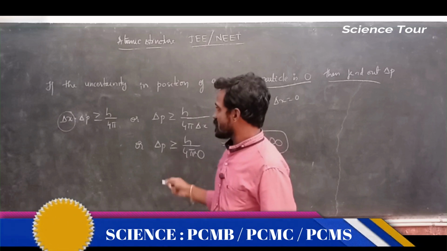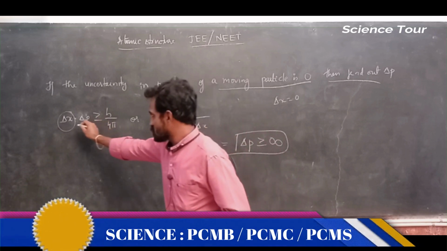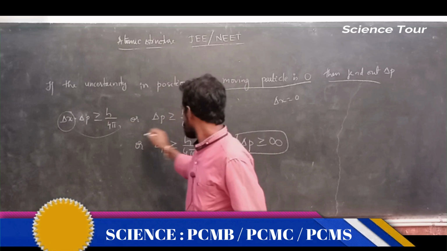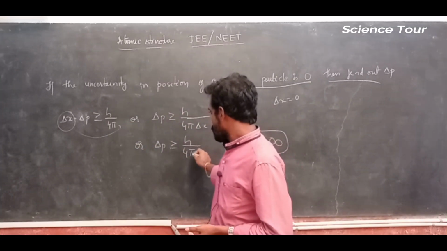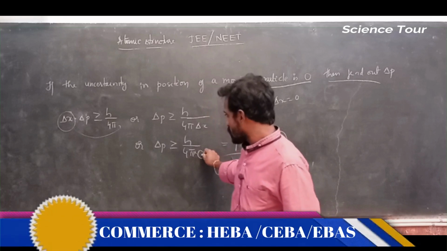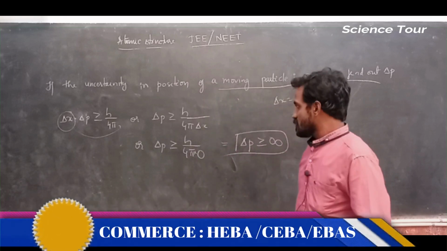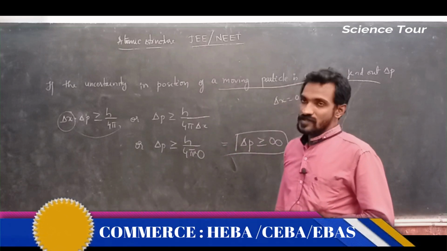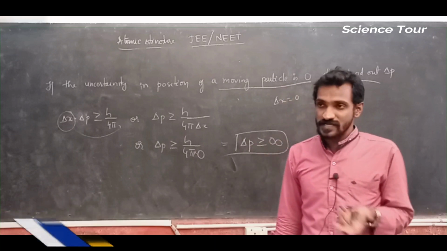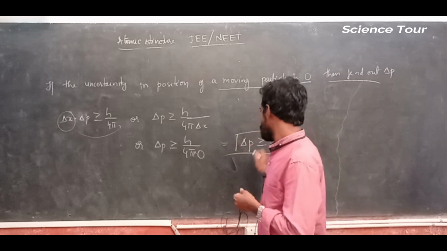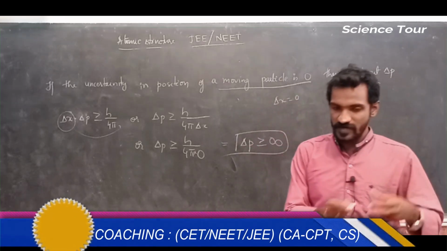What is remaining? Delta p. To find delta p, I shifted delta x to this side. Here h divided by 4 pi, and here delta x I substituted as 0. H divided by 0, something divided by 0 means infinity. Delta p is greater than or equal to infinity. Answer is greater than or equal to infinity.